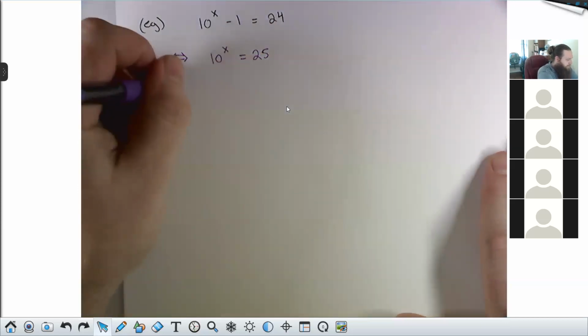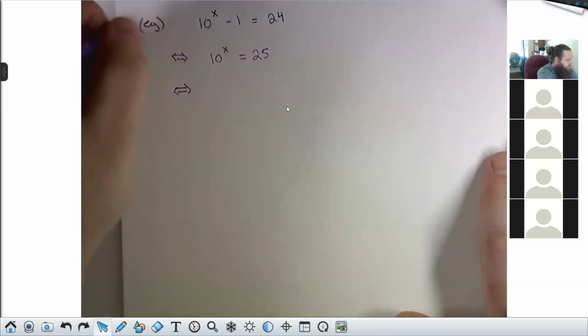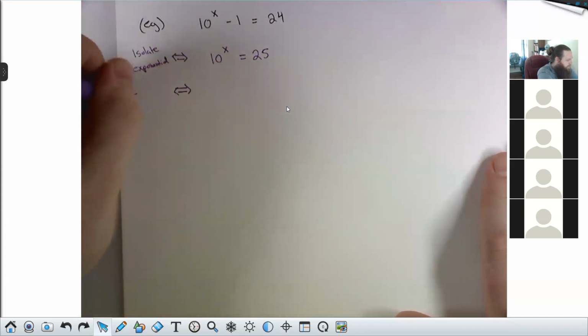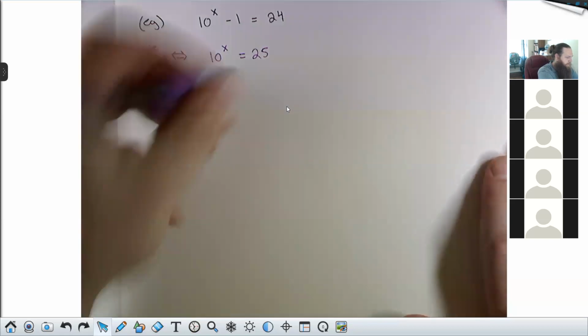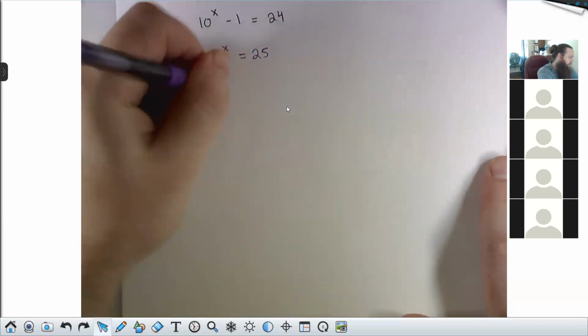So now I take logs. What are the steps? Isolate the exponential. Then take logs. And again, we could use whatever base logarithm we wanted, but really everybody uses the natural log.